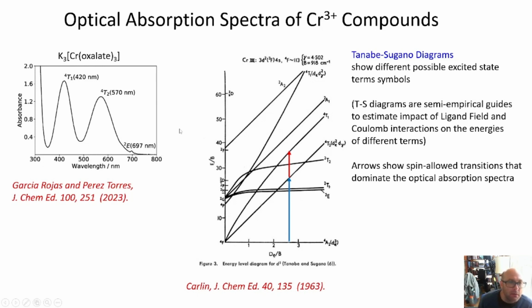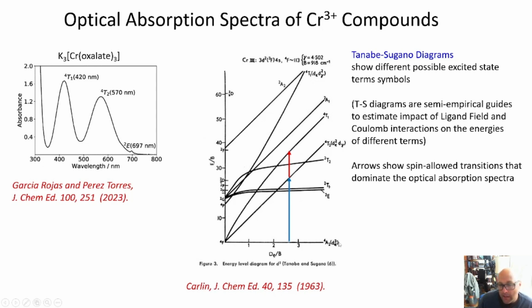And so the way that chemists analyze these absorption spectra is through what's called a Tanabe-Sugano diagram. It shows the ground state essentially as a horizontal line on this axis, labeled here as quartet A2. This is from another JChem Ed reference from the 60s.